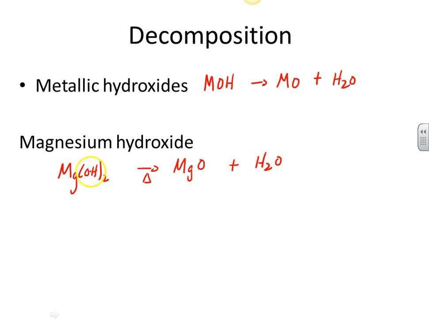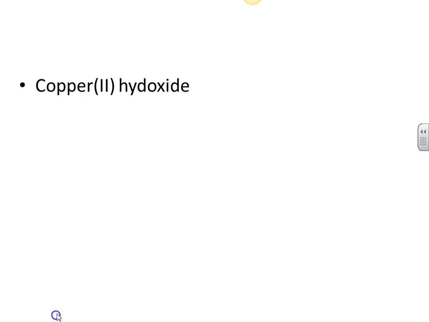And that's balanced as it is written. A copper 2 hydroxide decomposes when heated to produce copper 2 oxide plus water. And again, it's balanced as written.